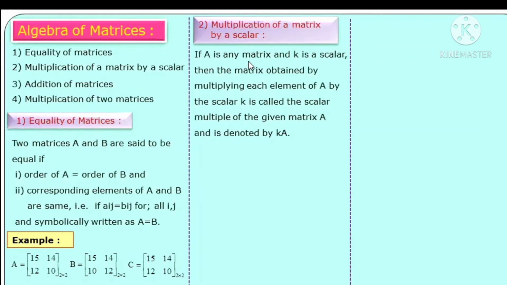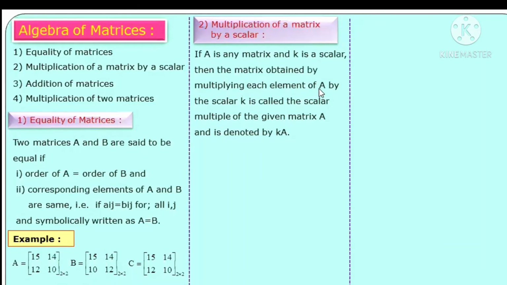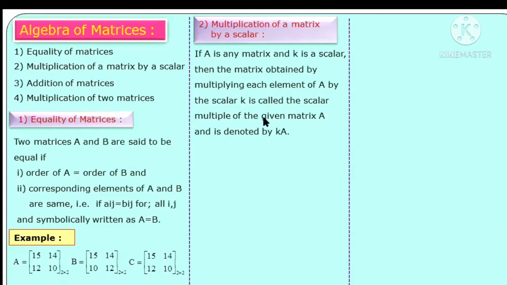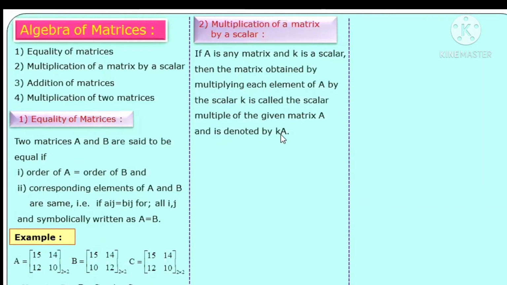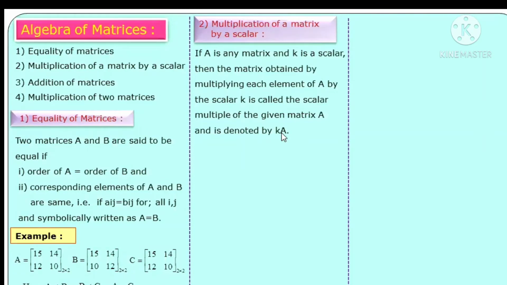If A is any matrix and k is a scalar, then the matrix obtained by multiplying each element of A by the scalar k is called the scalar multiple of the given matrix A, and it is denoted by kA. Simple thing here: whatever the elements in the matrix, all elements are multiplied by that scalar k.